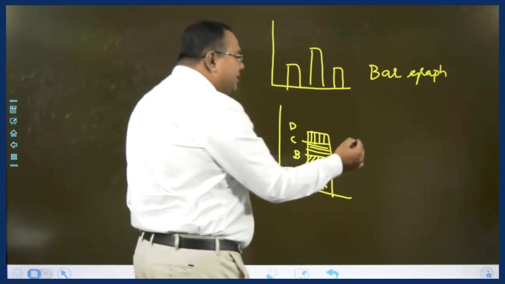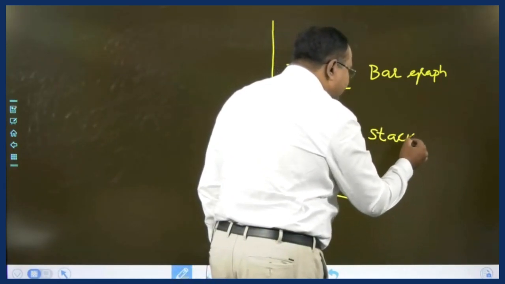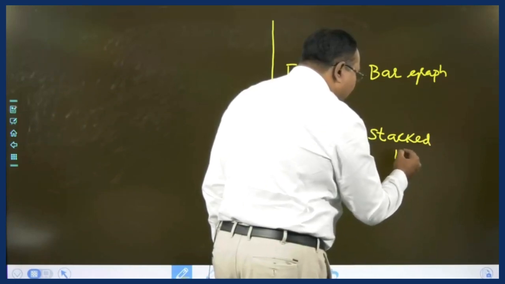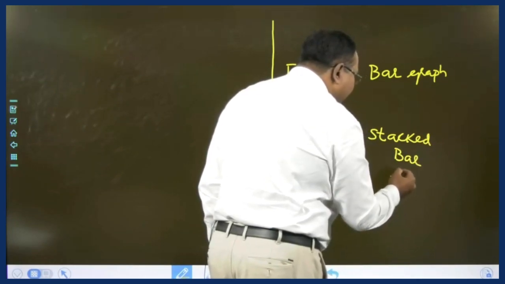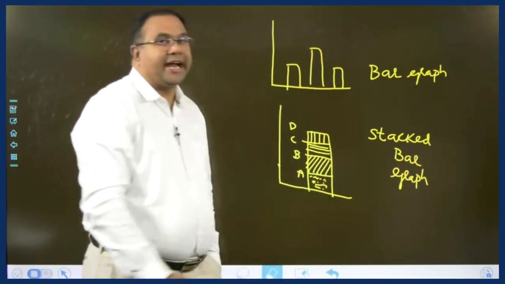This is called a stacked bar graph. What do you mean by stacked bar graph? One above the other. It is called a stacked bar graph.